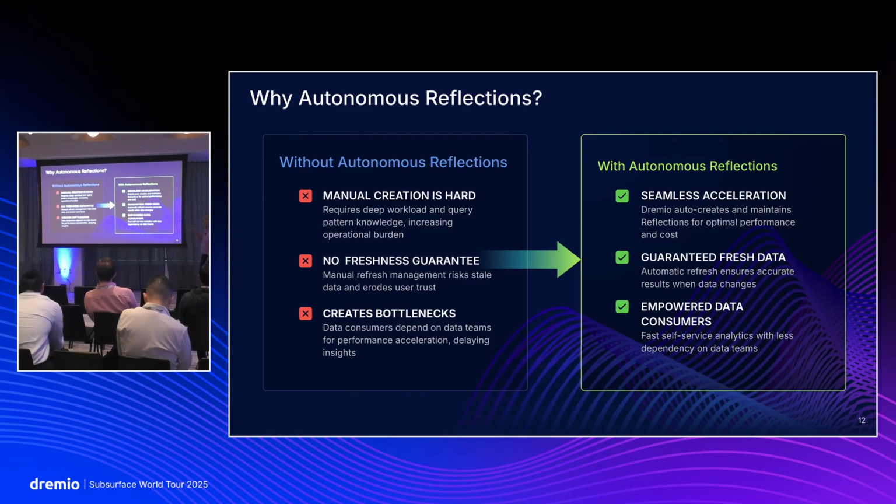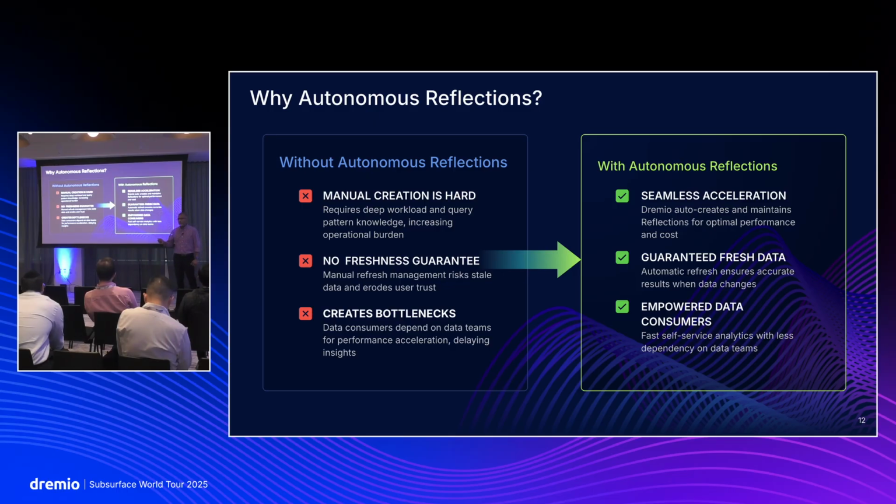So now what happens in autonomous reflections is Dremio automatically creates reflections for your workloads based on the query patterns that it sees in the last 7 days, okay? Once these reflections are created, they are also maintained or updated automatically as the underlying data changes.